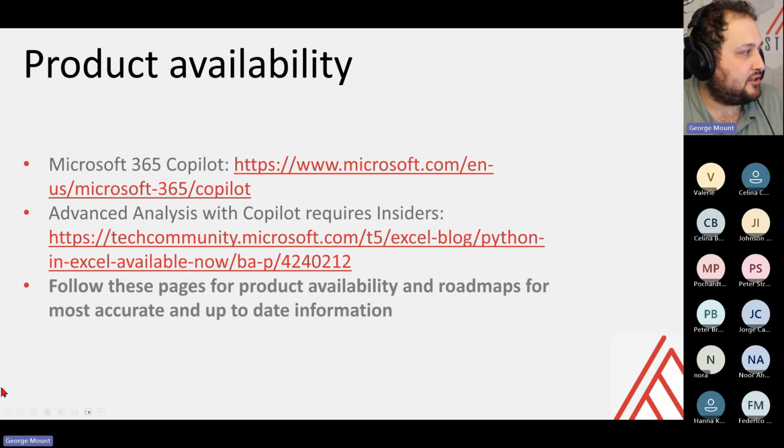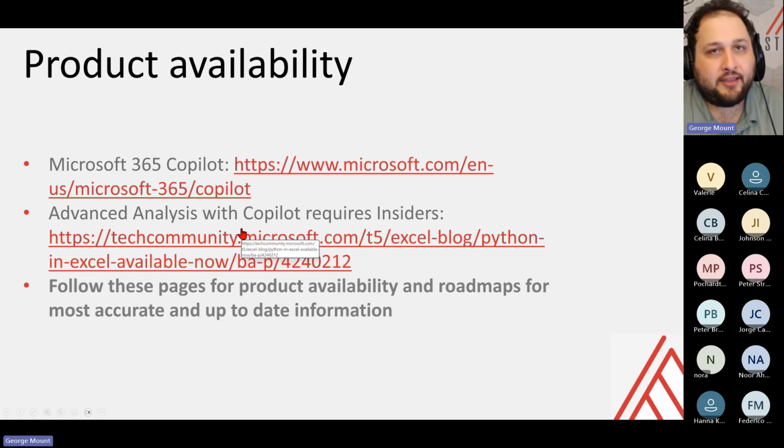And that's what I said here. So make sure you follow these pages. Look on the Microsoft website for the best product availability and roadmaps for future information. Even though I'm an MVP, I'm not given any extra information, at least that I can share, in terms of roadmap, in terms of pricing and things like that. So make sure you do your own research, get it from the horse's mouth as it were, and you can get it from these links.